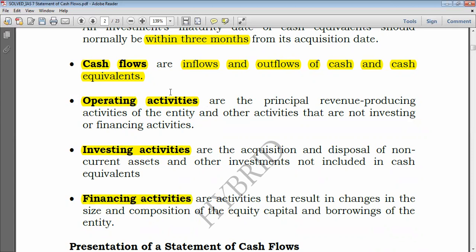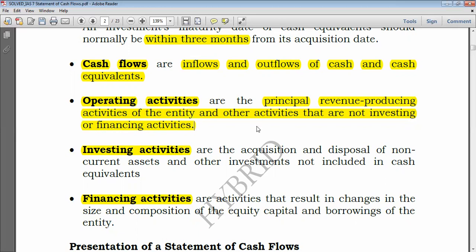Now, what of the operating activities? What do we mean by operating activities? We just say that these are the principal revenue-producing activities of the entity and other activities that are not investing or financing activities. It's something very obvious: let's say you're doing a business of selling shoes, the cash obtained from selling shoes will be in operating activities.